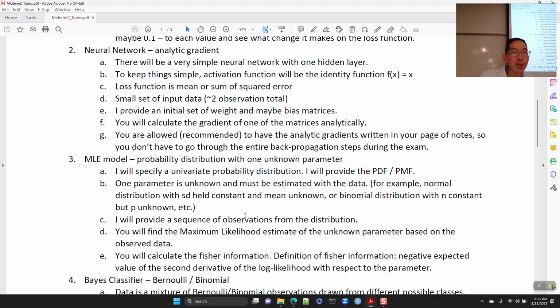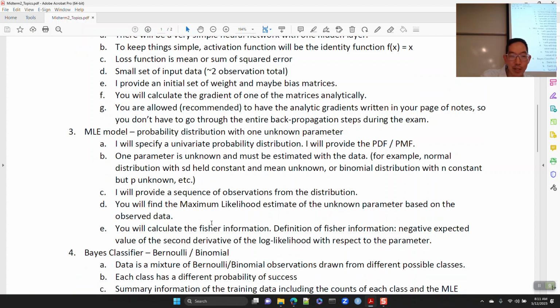So I'll provide a sequence of these, and based on the data provided, you'll find the maximum likelihood estimate of the unknown parameter, and then related to that, you'll also calculate the Fisher information.